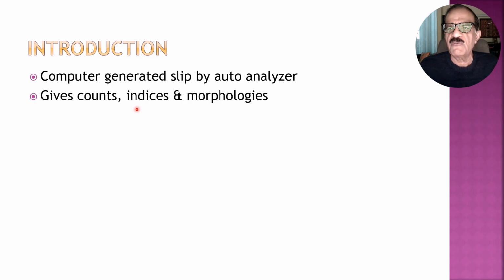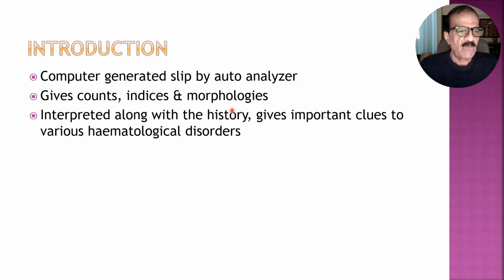And it also gives you morphologies, like if the cells are normal size, bigger than normal, smaller than normal, if they're filled with hemoglobin normally, or they have less hemoglobin, or things like that. And it should be interpreted along with the history, and it gives important clues to various hematological disorders. Some are literally diagnosed. You may still require one or two further tests for confirmation.